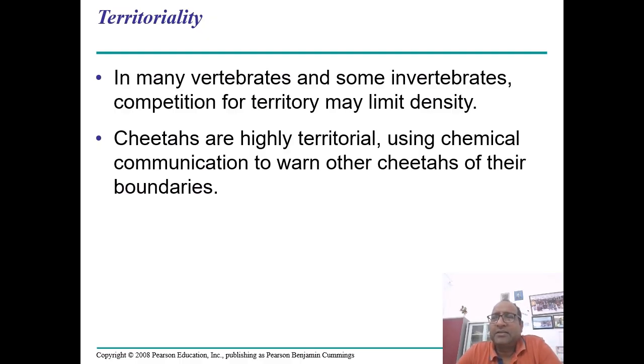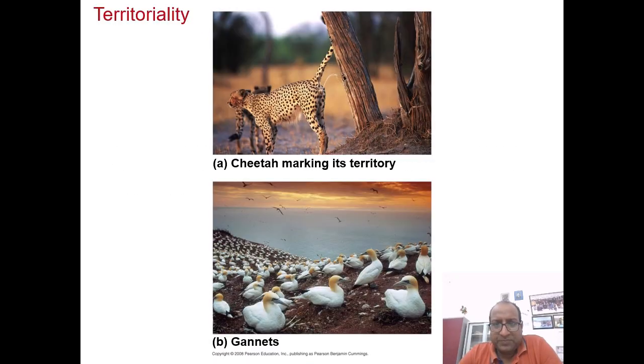They will mark their territory, and they will not allow the entry of others by urinating at several places. So territoriality is shown by the cheetah. Cheetahs mark their territory, and so do gannets. Gannets are like water fowl found near the sea. They also show territorial behavior.